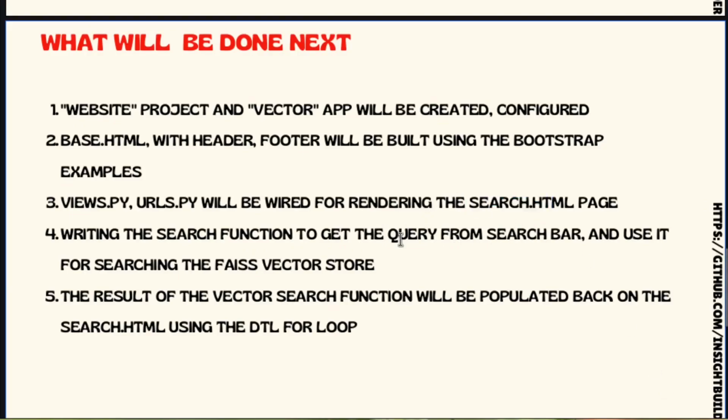And then we will be wiring up the views.py and urls.py. These are the various scripts inside the Django framework. We'll be wiring them up, and then we'll be writing the search function itself in the views.py and see how it can be linked with the front end. Finally, the result of the vector search function will be populated back onto the search.html. So this is what we will be doing.